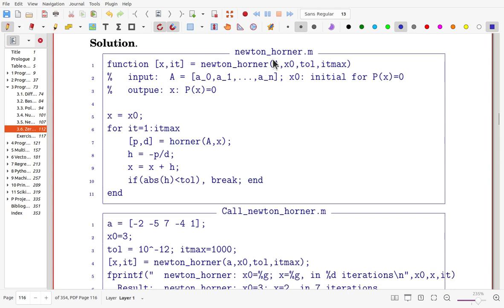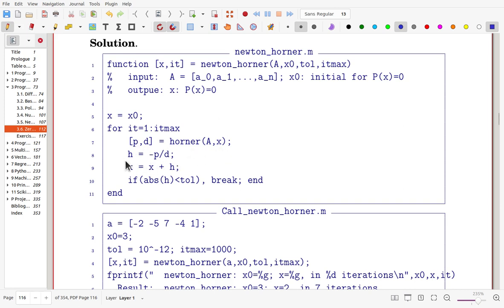Here are the coefficients of the polynomial, the beginning point, the tolerance, and the maximum number of Newton iterations. In each Newton iteration, for a given point x, we set x0 to x, call the function Horner, and find the function value and derivative value at x.